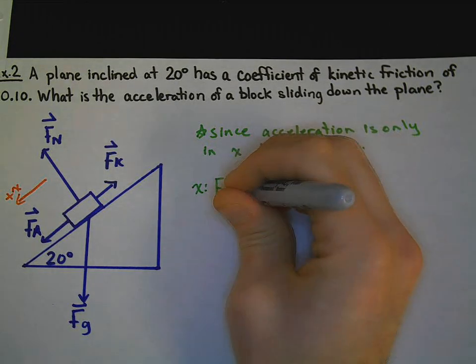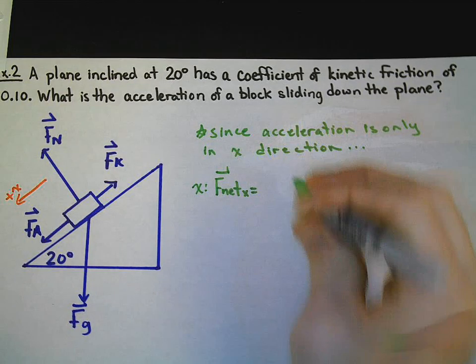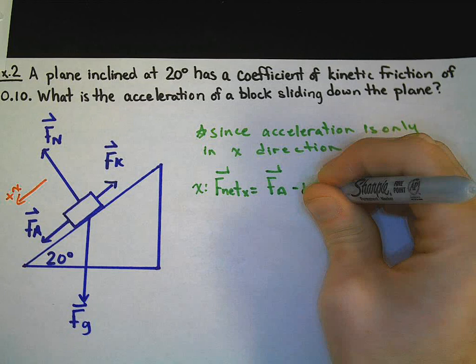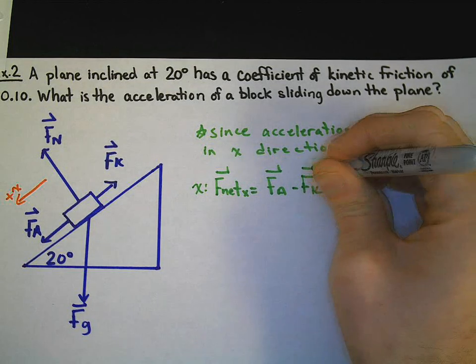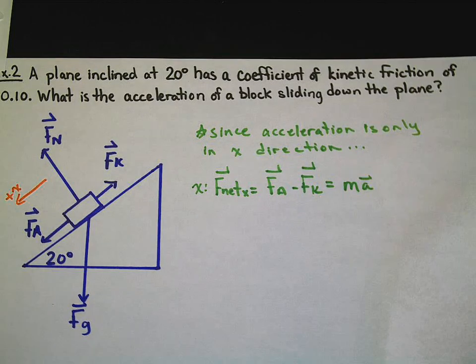So my net force in the x direction is going to be my applied force minus the force of kinetic friction, which, because of Newton's second law, will yet again be mass times acceleration.